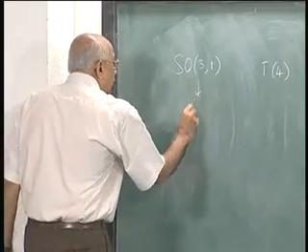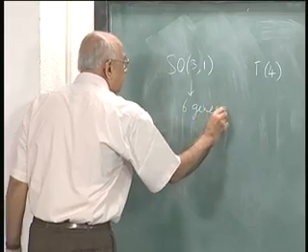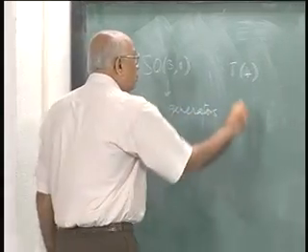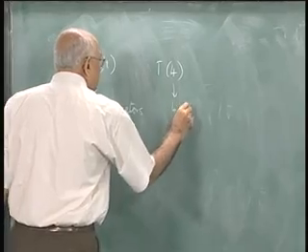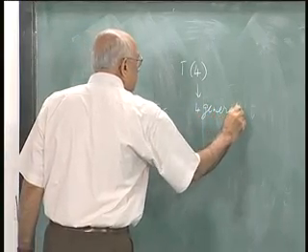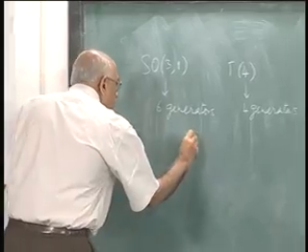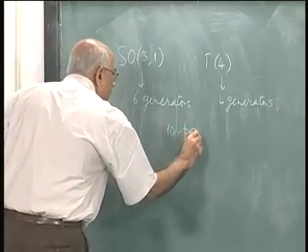There are 6 generators here. And there are 4 generators here. So together they form a 10 parameter group.